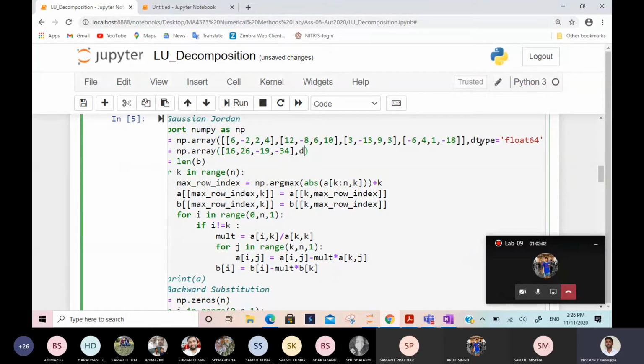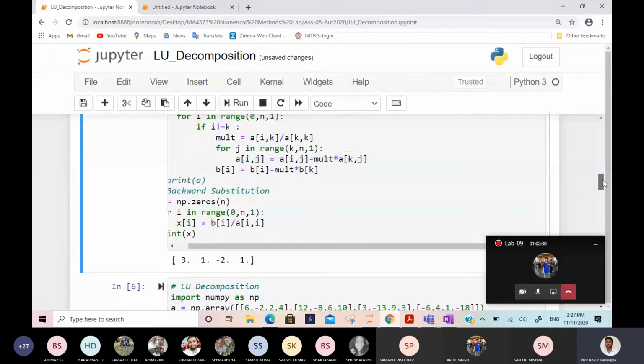So that means whatever arithmetic we are performing, the division, will give a float. Either you can write some entries as decimal or all entries as decimal, it doesn't matter, but at least one entry should be decimal, which means it is a float. So if you run this, it will give the same answer, 3 1 minus 2 1.